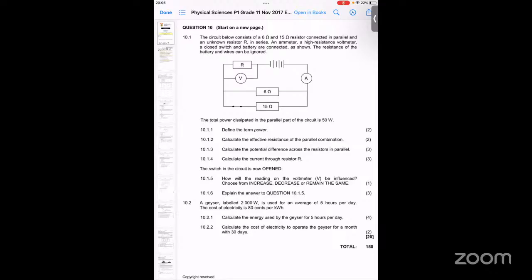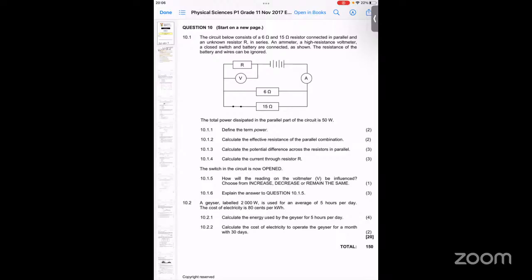An ammeter, a high resistance voltmeter, a closed switch, and battery are connected as shown. The resistance of the battery and wires can be ignored.